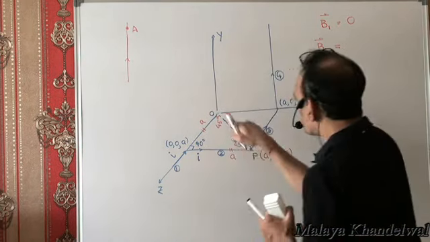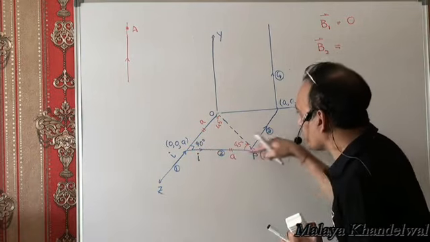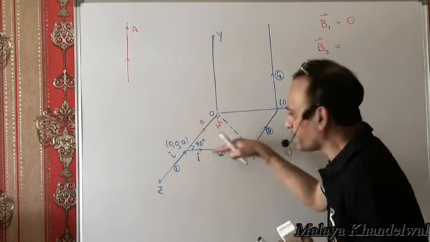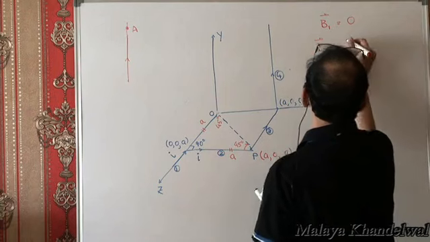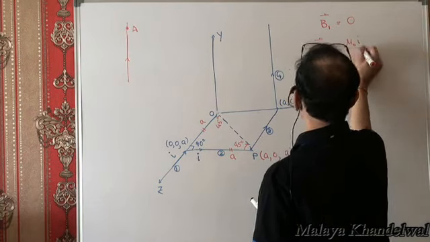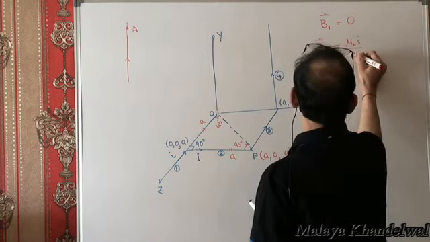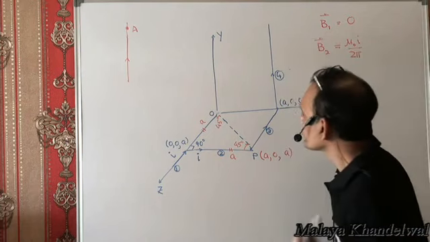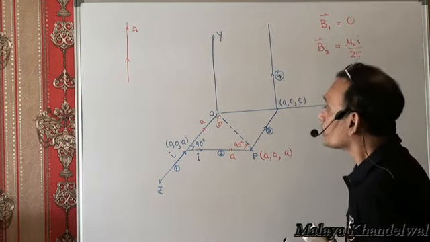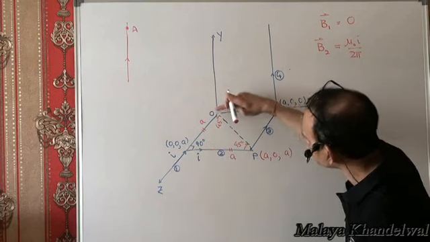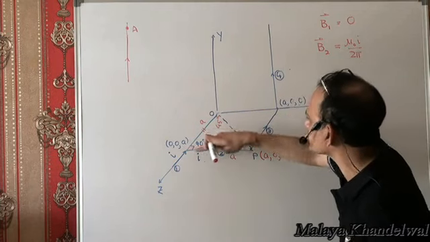So now, the field produced at O because of this finite wire carrying current I is going to be mu naught I divided by 2 pi. Now, what is the distance of wire 2 from O?